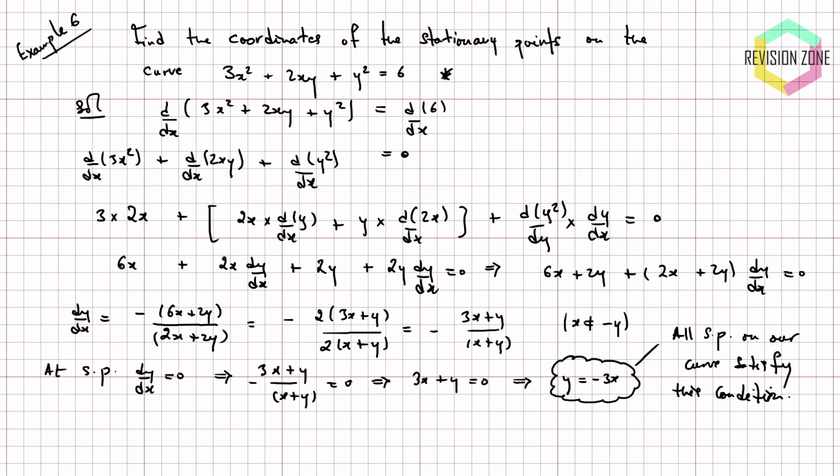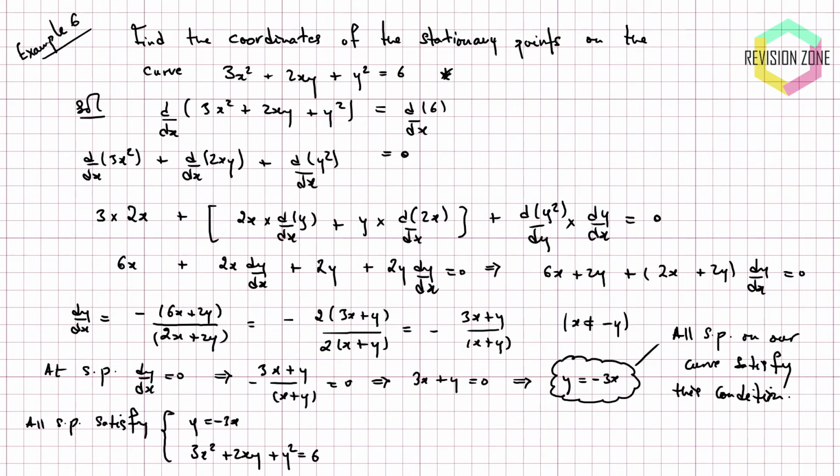We can say all stationary points satisfy this system of equations, which is y equals negative 3x and the initial equation of the curve, 3x squared plus 2xy plus y squared equals 6, right? So we solve these simultaneously.